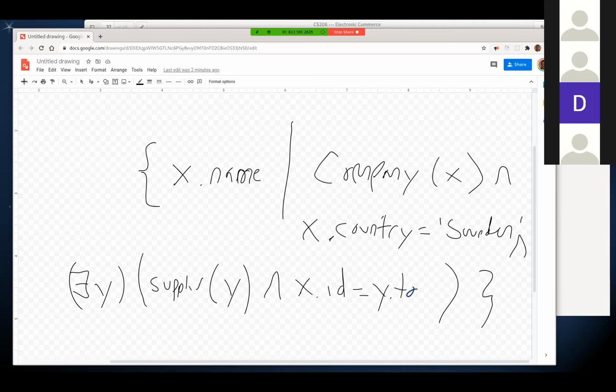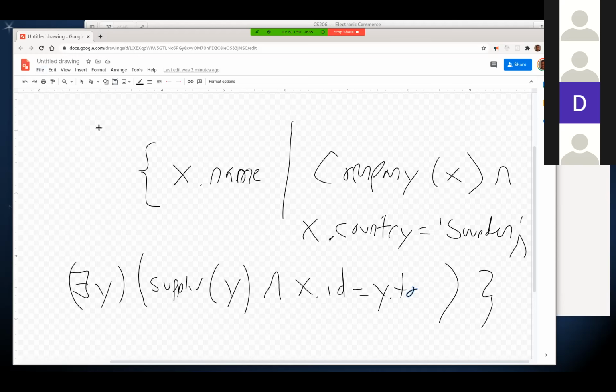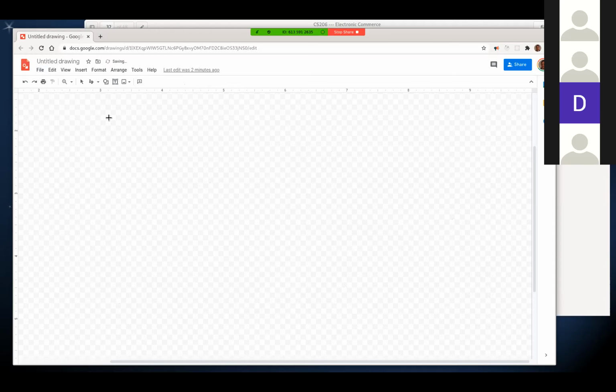Okay, so we have company and we have supplies. Does everybody understand what we're after here? We're after the companies that supply every company in Sweden. Okay, so let's just do this. Control A and then delete. All right, so taking it from the top here, because this will be a little bit longer.